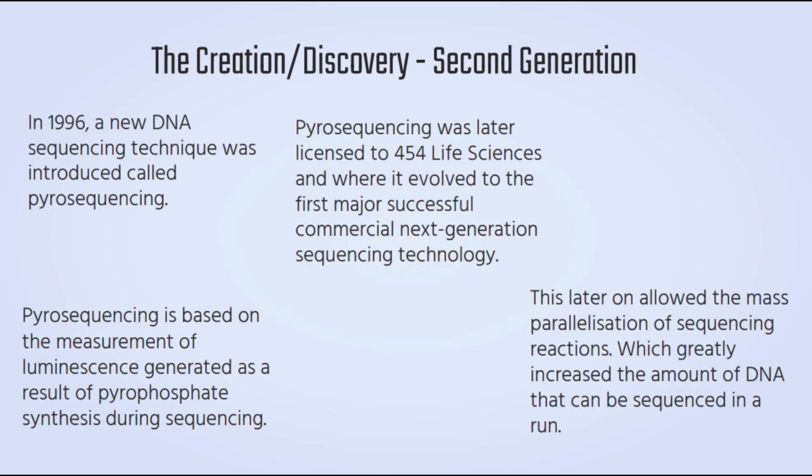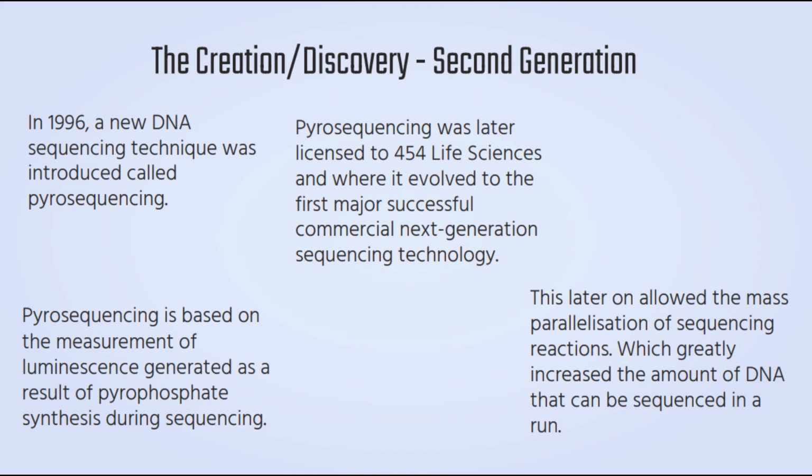The creation and discovery of the second generation. In 1996, a new DNA sequencing technique was introduced called pyrosequencing. Pyrosequencing was later licensed to 454 Life Sciences, where it evolved into the major successful commercial next-generation sequencing technology.